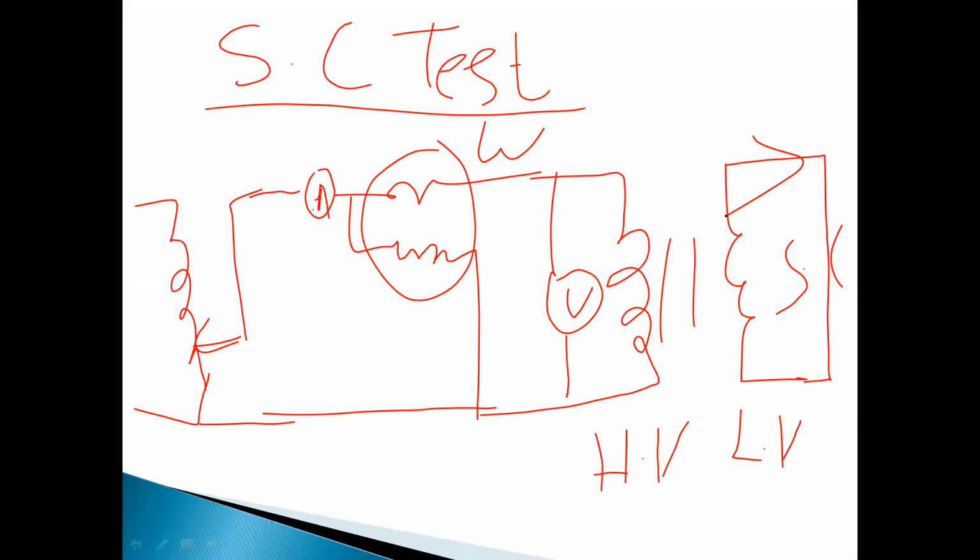So in open circuit test, we apply rated voltage. In short circuit test, we apply rated current. In open circuit test, secondary is open circuited; in short circuit test, secondary is shorted.